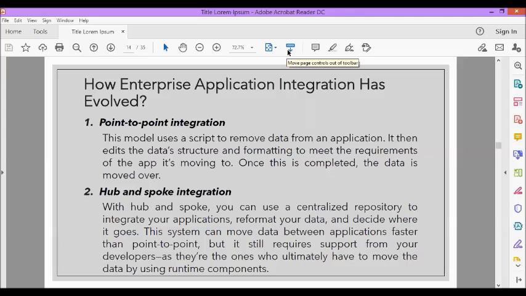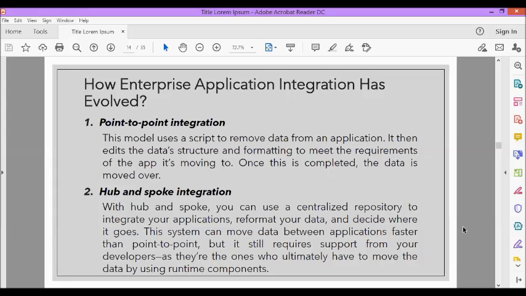The second one is hub and spoke integration. With hub and spoke, you can use a centralized repository to integrate your applications, reformat your data, and decide where it goes. The system can move data between applications faster than point to point, but it still requires support from your developers as they're the ones who ultimately have to move the data by using runtime components.